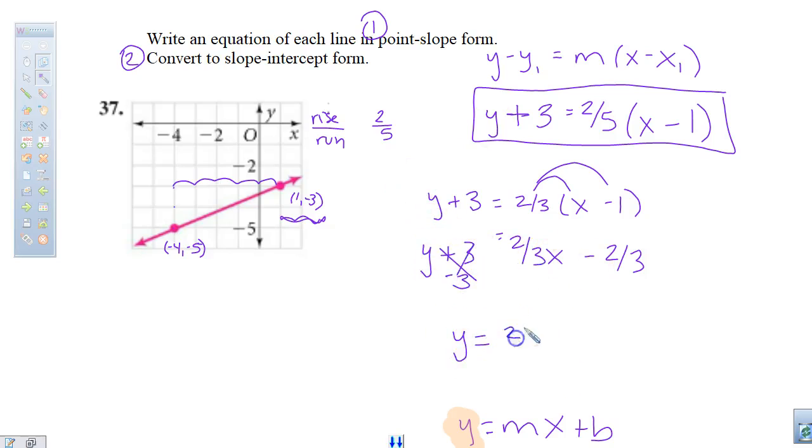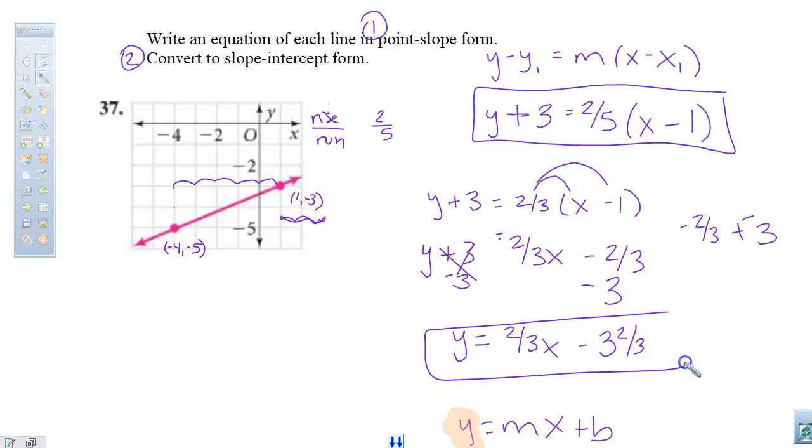Over here, that 2/5 x is going to remain the same. And I'm going to stack that -3 right underneath its like term, that -2/5. So I've got -2/5, and I'm taking away 3. We can do this: -2/5 plus -3 gives me -3 and 2/5. You're just adding all negatives. So there's your equation in slope intercept form.